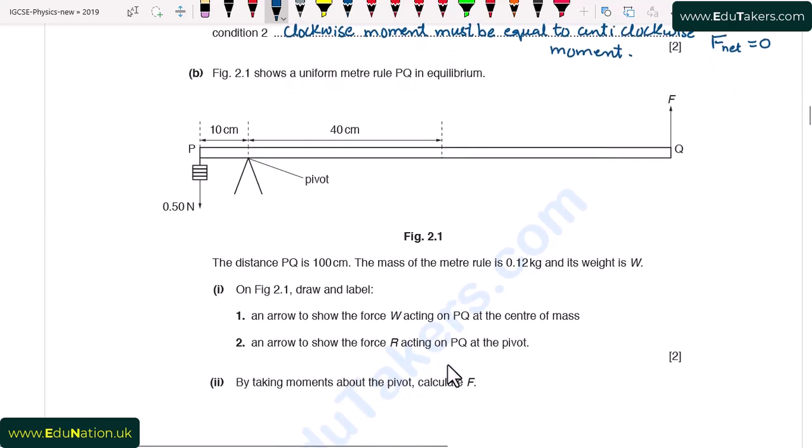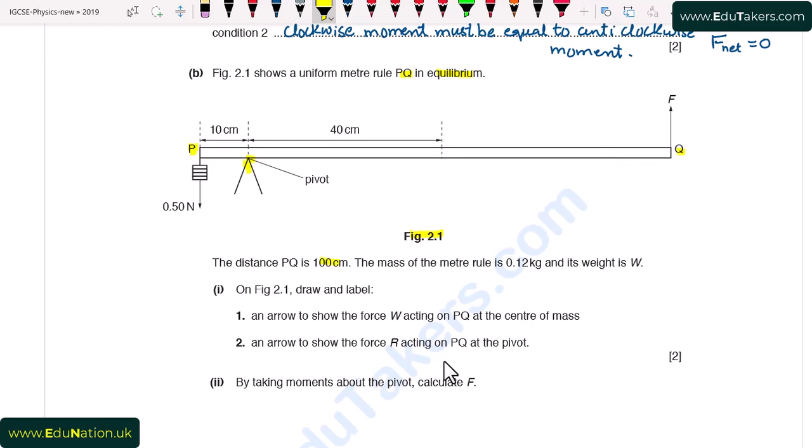Part B. Figure 2.1 shows a uniform meter rule PQ in equilibrium. So here is figure 2.1. We can see that there is a pivot point and a meter rule P and Q. The distance PQ is 100 centimeter.